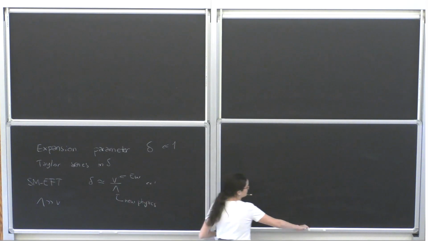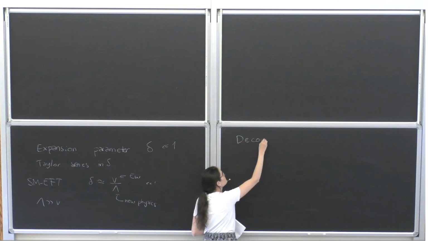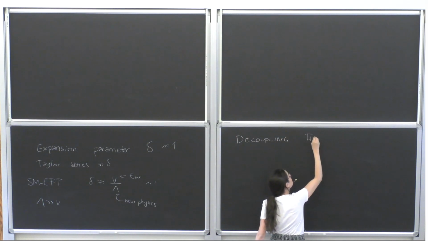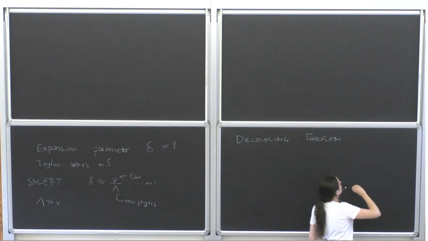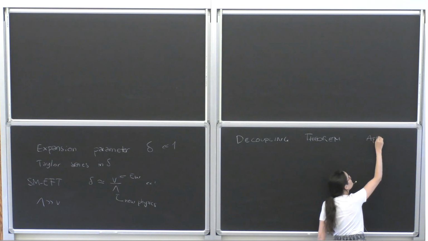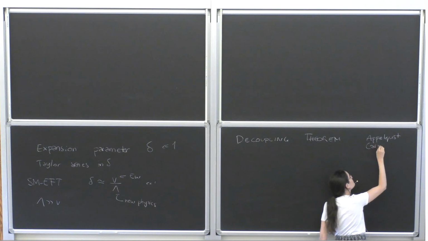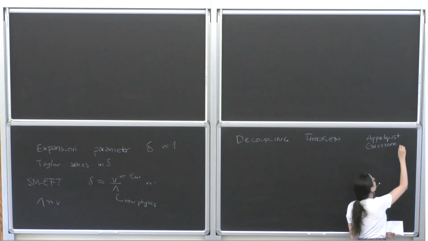So the whole idea of SMEFT is very related to something that is quite fundamental, which is this idea of the decoupling of physics. So there is something that is called a decoupling theorem, that was formulated originally by Appelquist and Carazzone in the 70s, exactly 75.